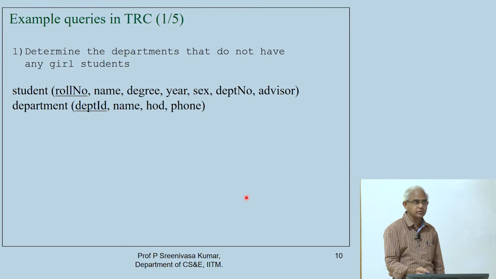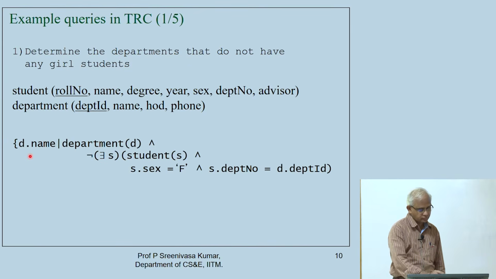We can write it actually now, right. So, d dot name, we are only getting the name of the departments. D is a department, so free variable d for department, and now here is another variable, the bound variable.